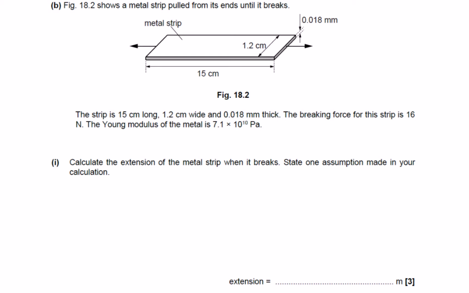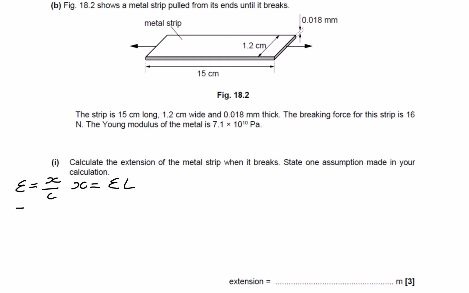Well, we're after the extension, so I know that the strain is equal to the extension over the length. Therefore, the extension is going to equal the strain multiplied by the original length, and I know the original length, but I don't know the strain, so I need to work out something else that will let me get to the strain.